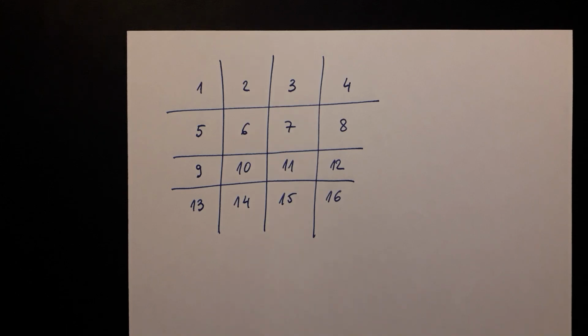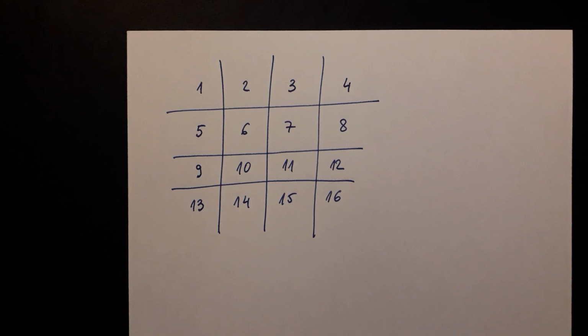It would be helpful if you would circle your number of choice, because I need you to remember this number for the rest of the video. I want you now to pick a second number, but I want you to pick it under one condition. That second number which you pick has to be in a different row and in a different column from the first number that you have picked.